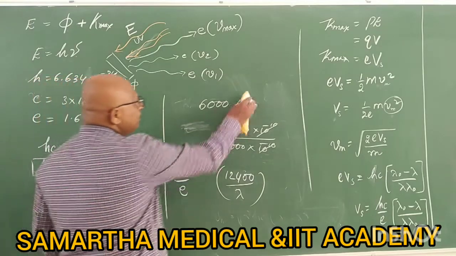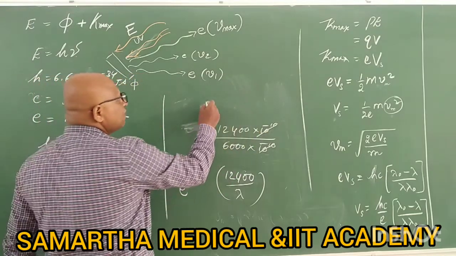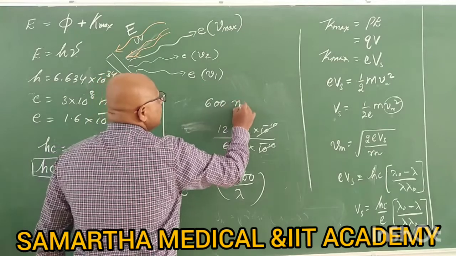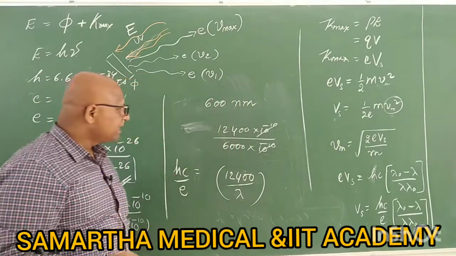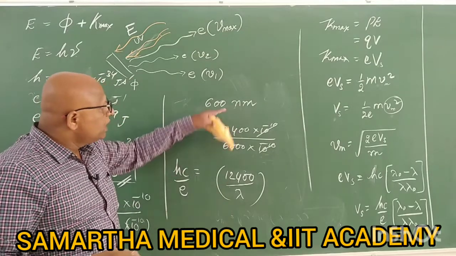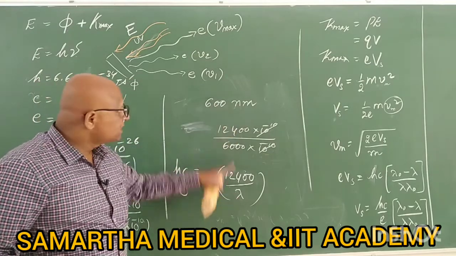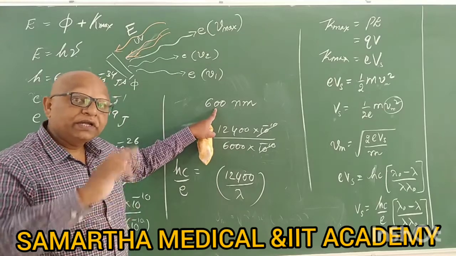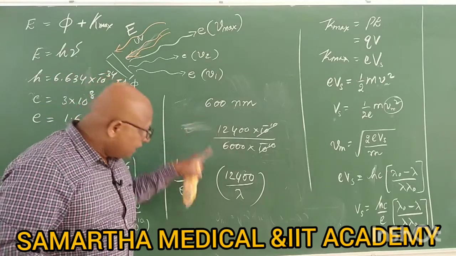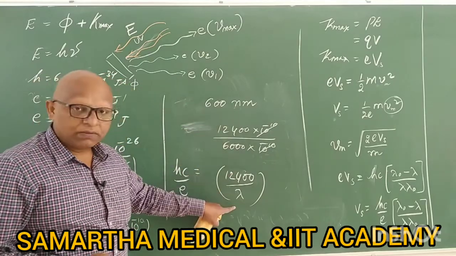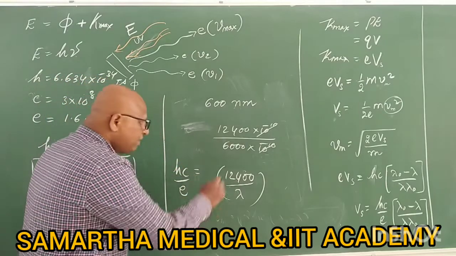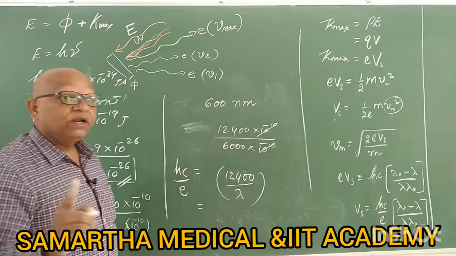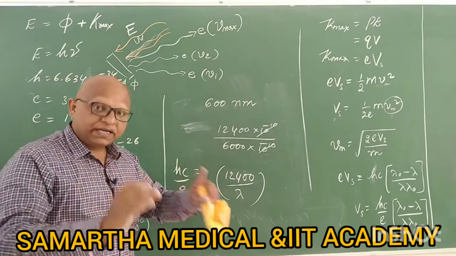But sometimes, instead of 6000 angstrom, they may give you 600 nanometer. The wavelength of the light is 600 nanometer. Then don't use 600 nanometer as it is. Convert this 600 nanometer into angstroms, then only use this formula. Be careful using this shortcut, because it works only for angstrom ranges.